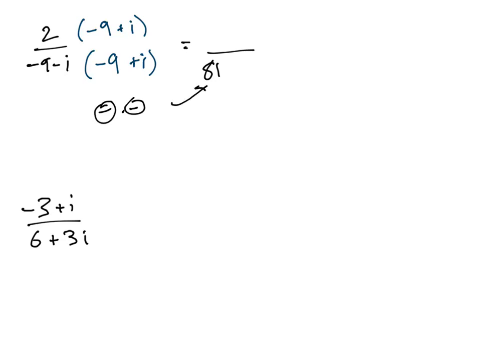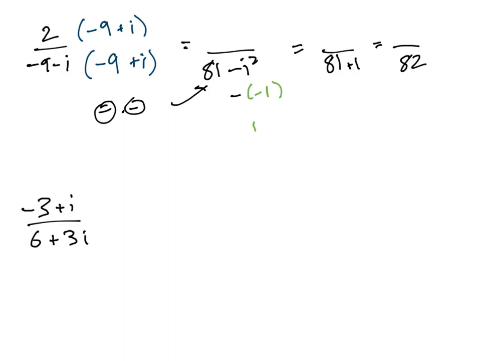Negative i times i is negative i squared, but since i squared is equal to negative 1, this is really negative times negative 1, which is positive 1. So our denominator here is 81 plus 1, which is 82.